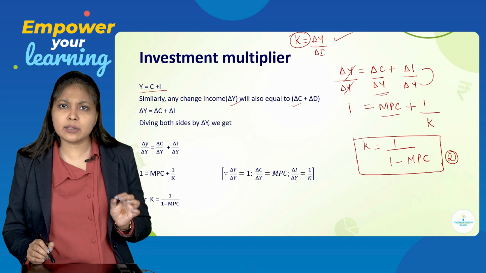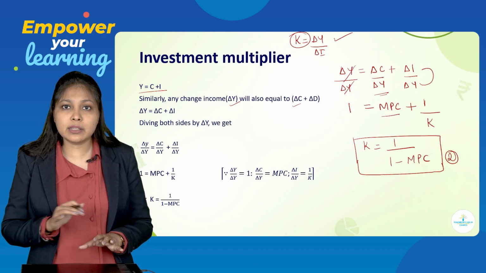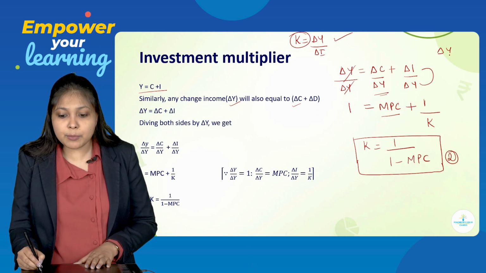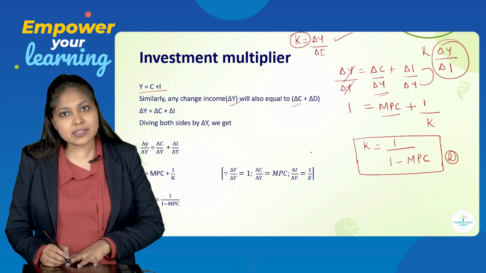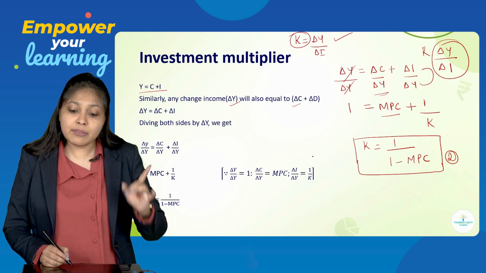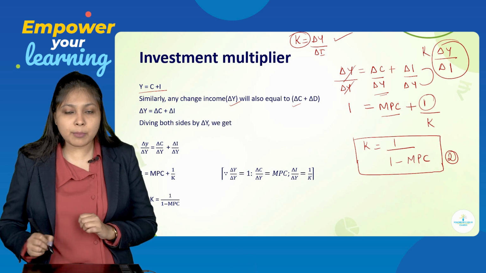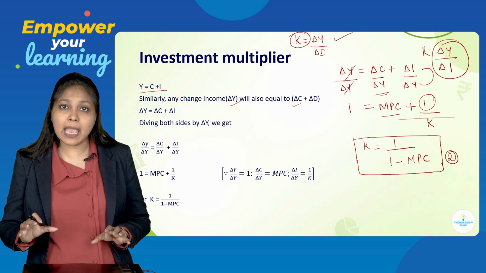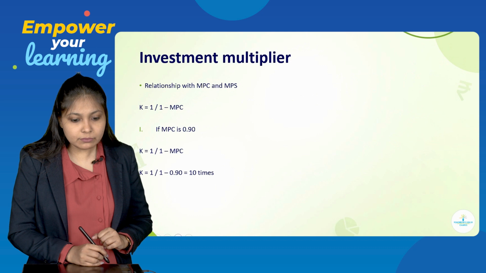Change in I upon change in Y: if I reciprocate it and make it change in Y upon change in I, this is nothing but my K, the first formula of K that we have already studied. When I reciprocate it, my numerator becomes 1, so it is 1 upon K. Now if I solve this entire equation, I get the value of K as 1 upon 1 minus MPC. Very simple.